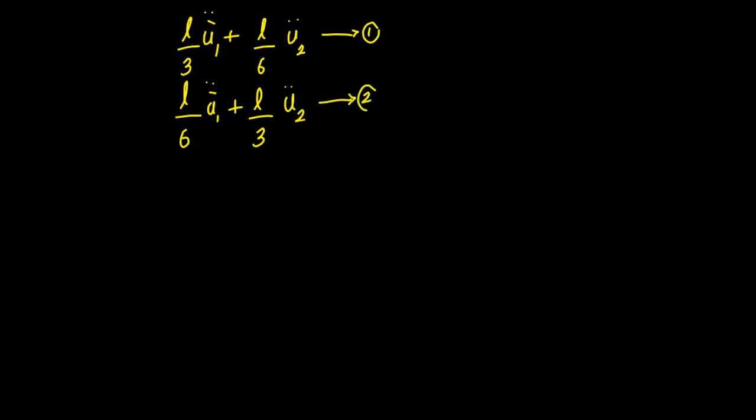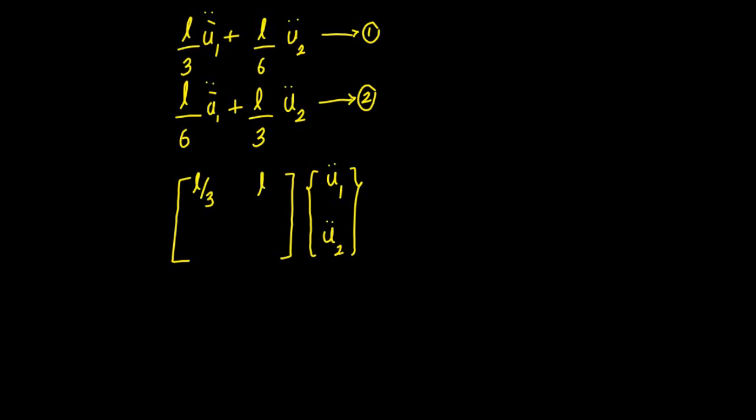The way you write the two equations in matrix form is very easy. You first write the coefficients of u1 double dot. What is the coefficient of u1 double dot in the first equation? It's L by 3. What is the coefficient of u2 double dot in the first equation? It's L by 6. What is the coefficient of u1 double dot in the second equation?